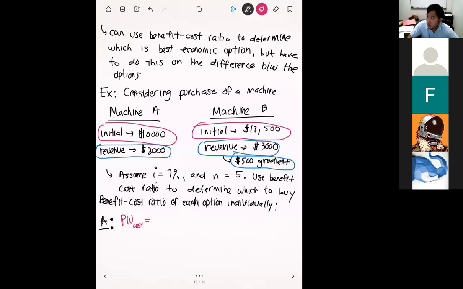For the present worth of the cost, we just have a single one, our initial cost, which is simply $10,000.